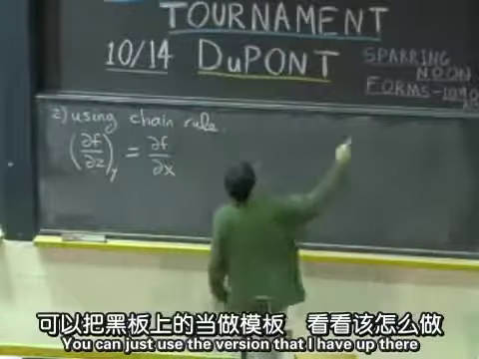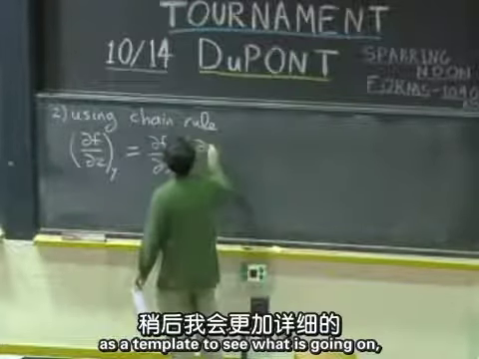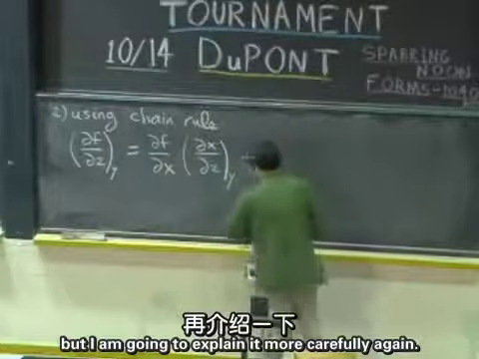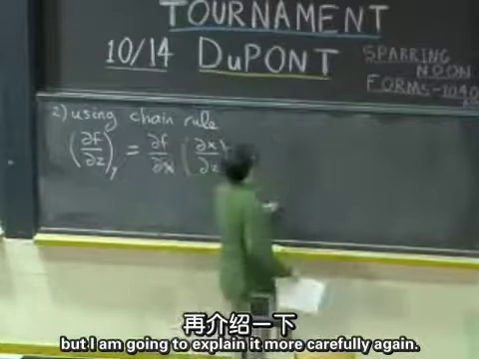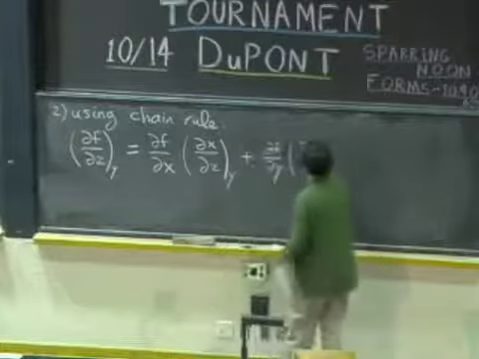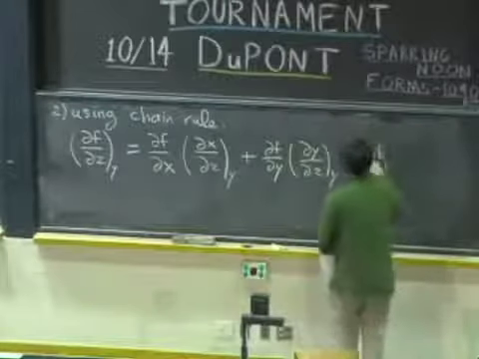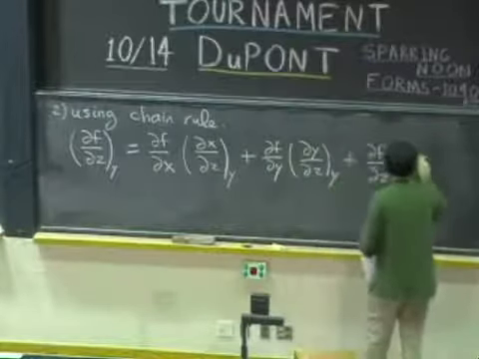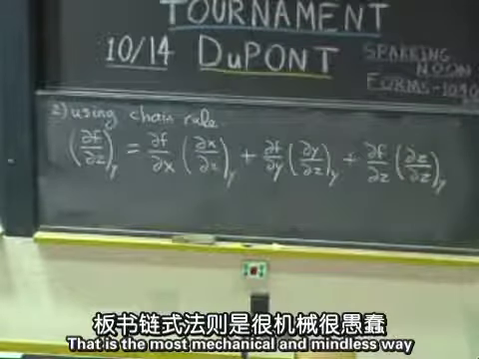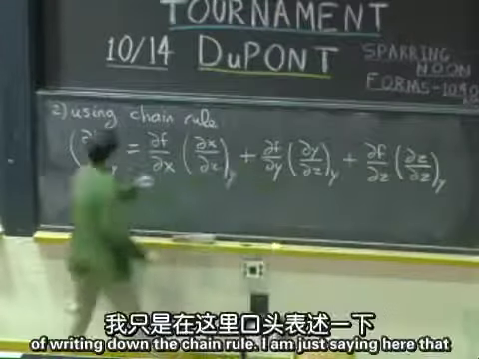You can just use the version that I have up there as a template, but I'm going to explain it more carefully again. That's the most mechanical and mindless way of writing down the chain rule.